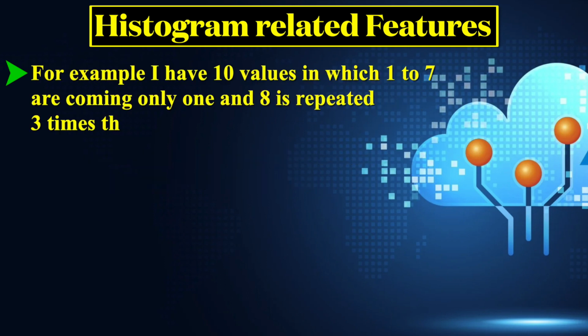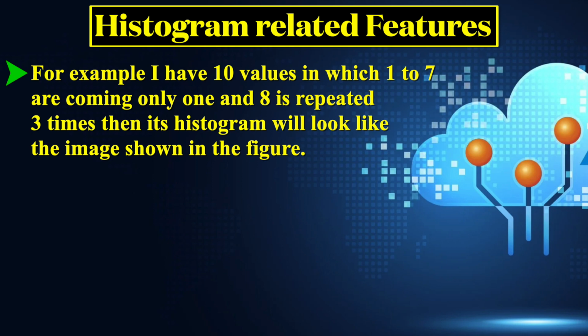For example, if I have only 10 values, out of these values 1 to 7 are coming only once, means 1, 2, 3, 4, 5, 6 and 7. Then the 8th value is 8 itself, the 9th value is also 8, the 10th value is also 8. That means 8 is repeated 3 times. Then its histogram will look like the image shown in the figure below.